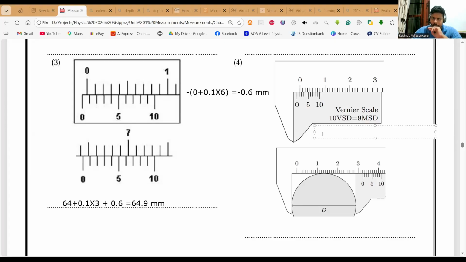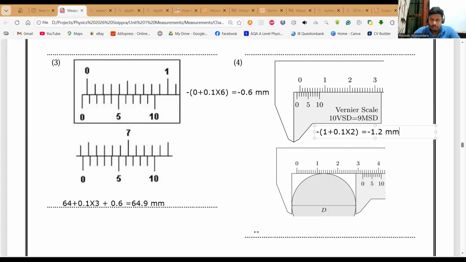Therefore it should be put as minus 1.1 plus 0.1 multiplied by the coinciding division, the second one, that is equal to minus 1.2 millimeters.